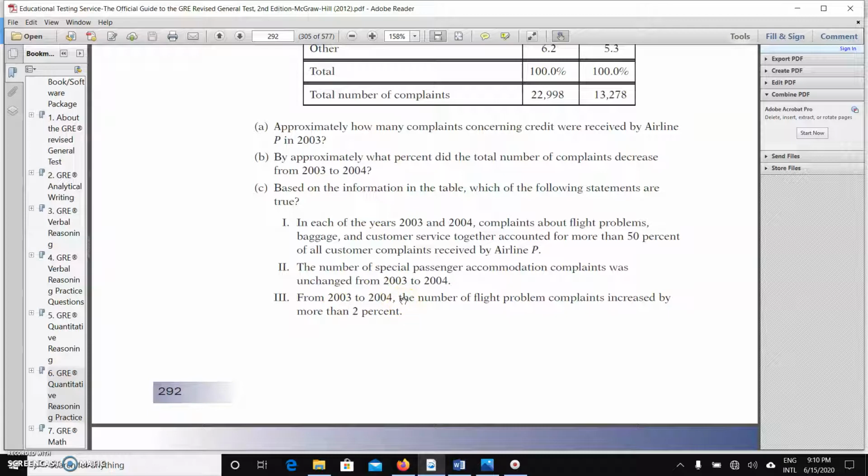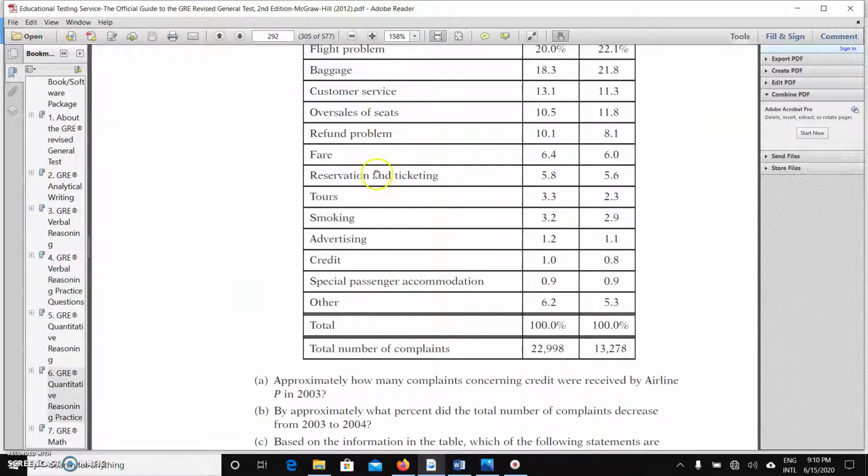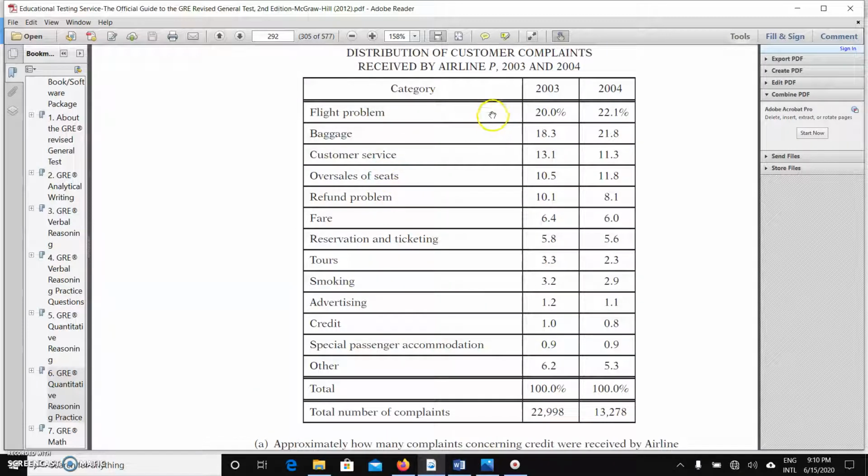Now let's check flight problem. This flight problem for 2003, that's 20%, right? And then 2.1. Now this is another tricky question. If you subtract these two, you're supposed to consider it individually.